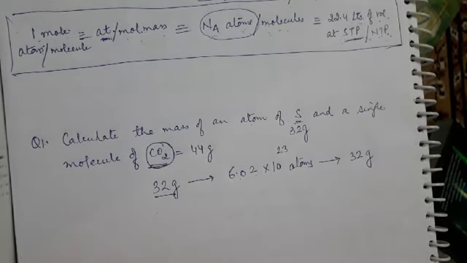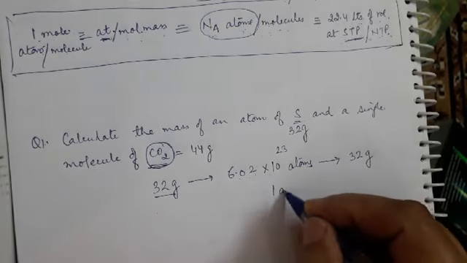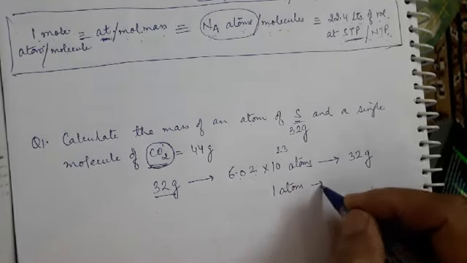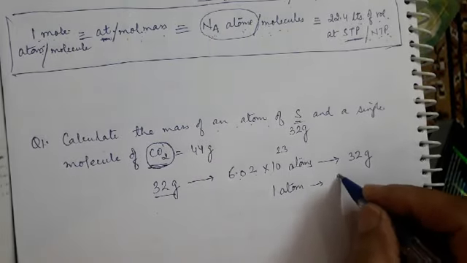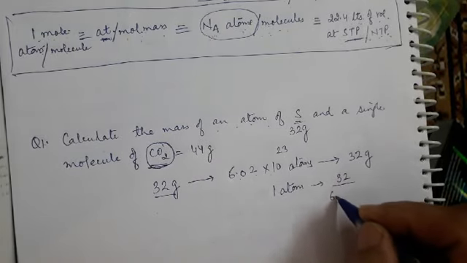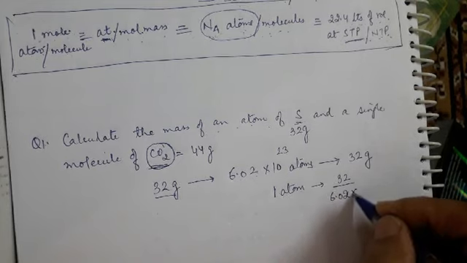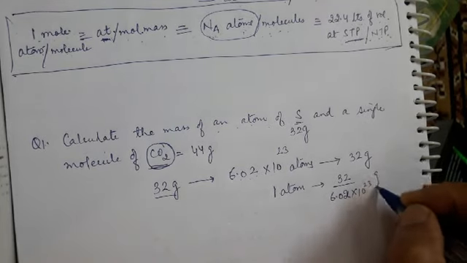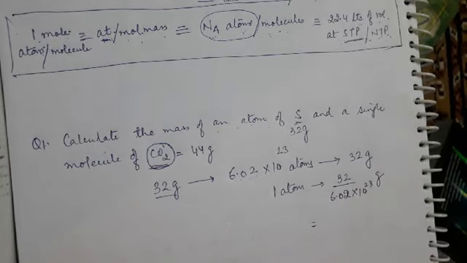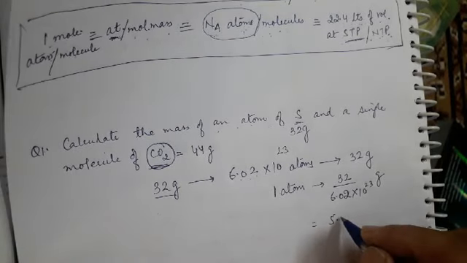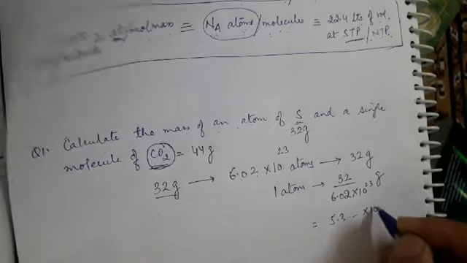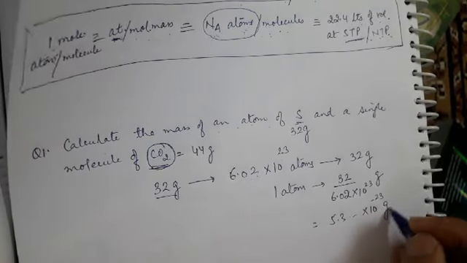So what will be the mass of one atom? As per the question, calculate the mass of an atom of sulfur. An atom will weigh 32 upon 6.02 into 10 to the power 23 grams. You can solve it out. How much will it become? It will become approximately 5.3 something into 10 to the power minus 23 grams.